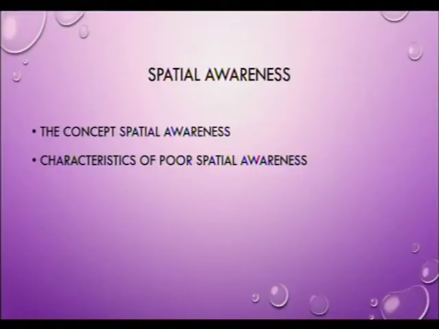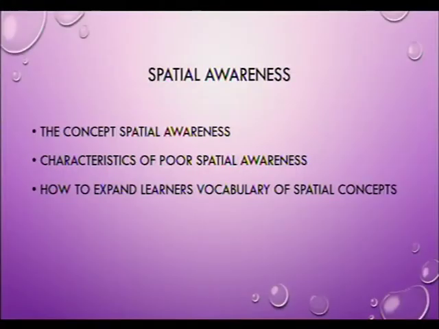Characteristics of poor spatial awareness. How do I identify a learner that has poor spatial awareness? There is a list of things: they usually look clumsy, they bump into objects, they cannot tell between left and right. They are the ones that have problems with copying patterns.